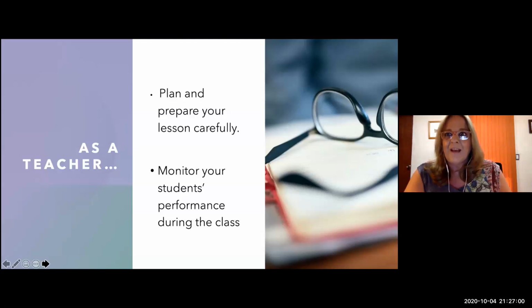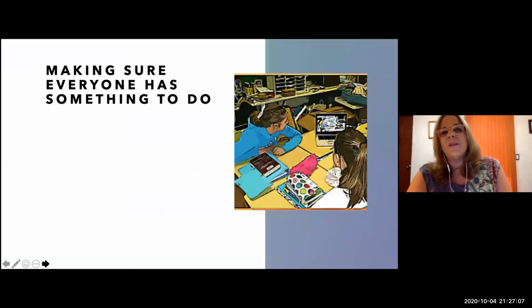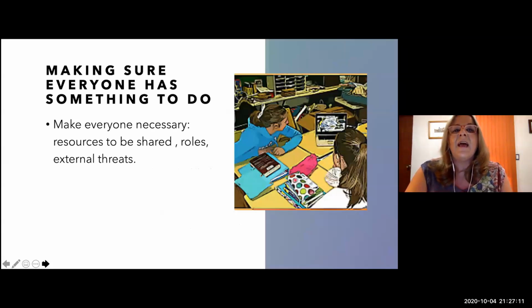But providing them with guidance and feedback afterwards. How can we make sure that everyone has something to do? That is very important. And we have to make everyone necessary.